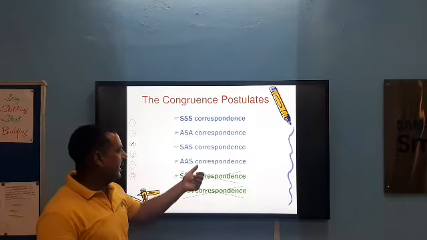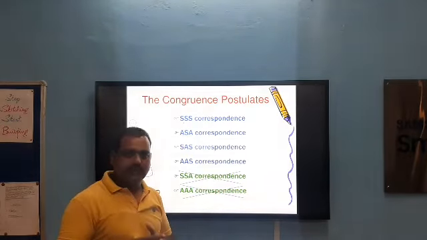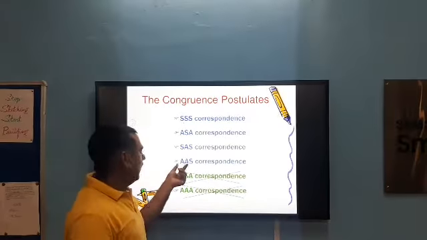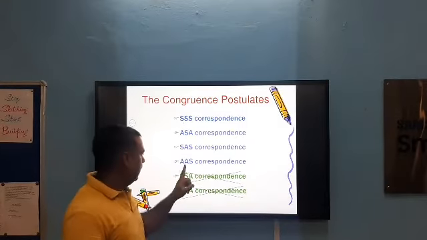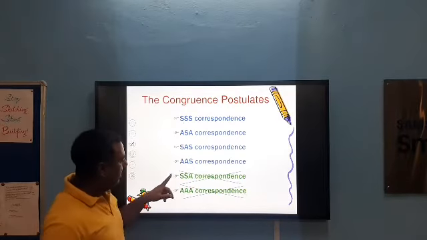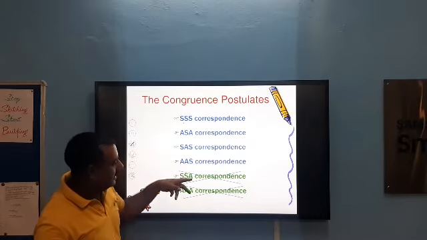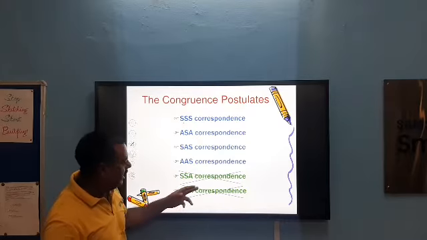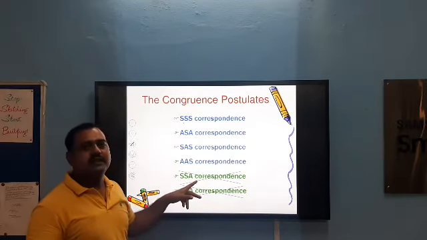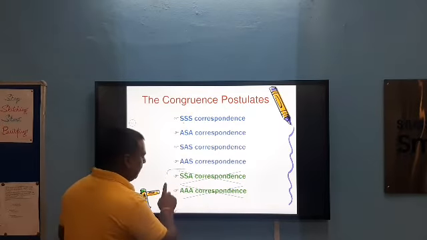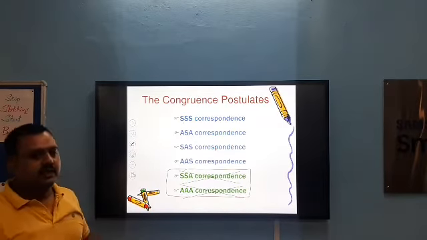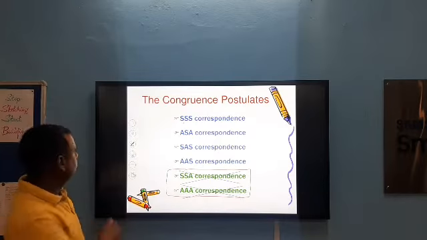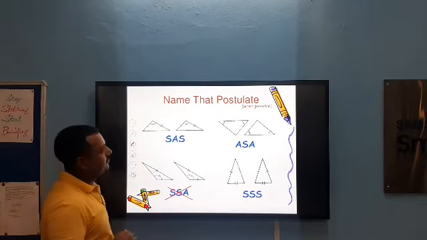Angle, angle, side correspondence, in which any two angles are equal and one side is equal. But we also learned that SSA correspondence and AAA correspondence do not exist. We must remember these things. Many times we make mistakes in these also. So be careful about these.